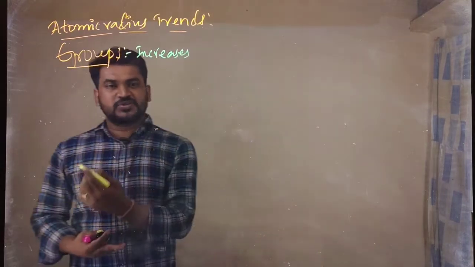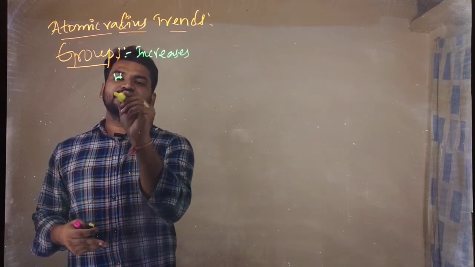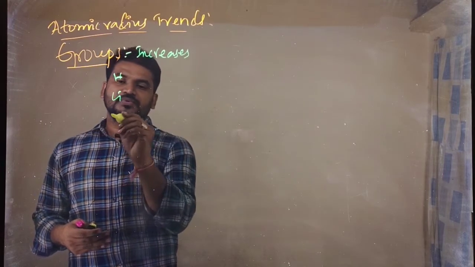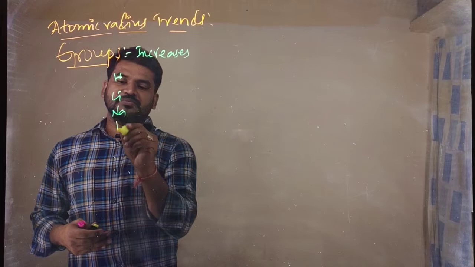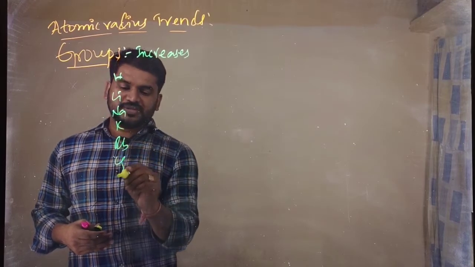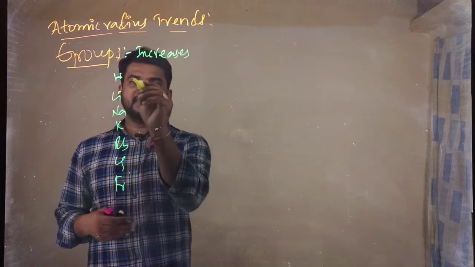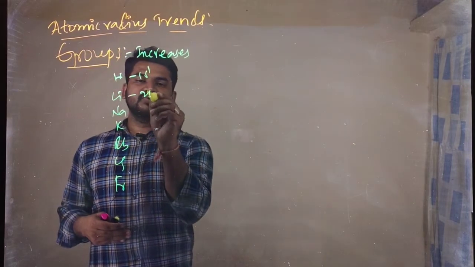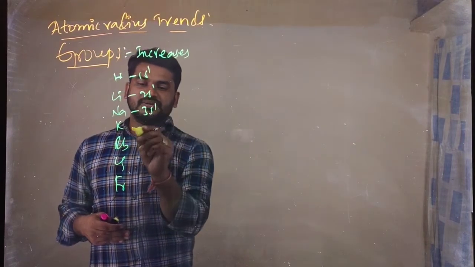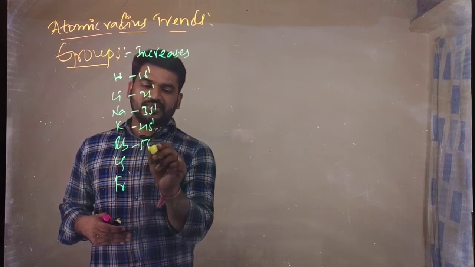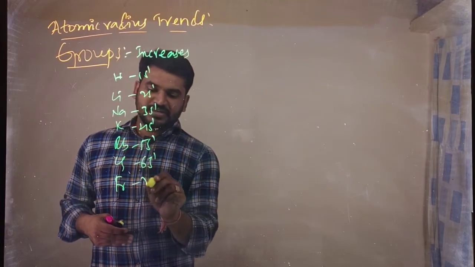Suppose you take the first group: hydrogen, lithium, sodium, potassium, rubidium, cesium, francium. If you take it like this, you can find the valence shell configurations: 1s1, 2s1, 3s1, 4s1, 5s1, 6s1 and 7s1.